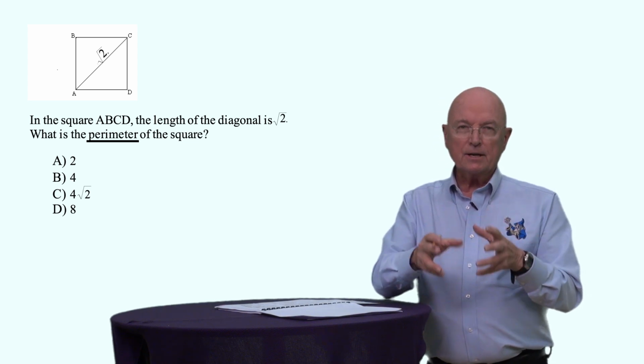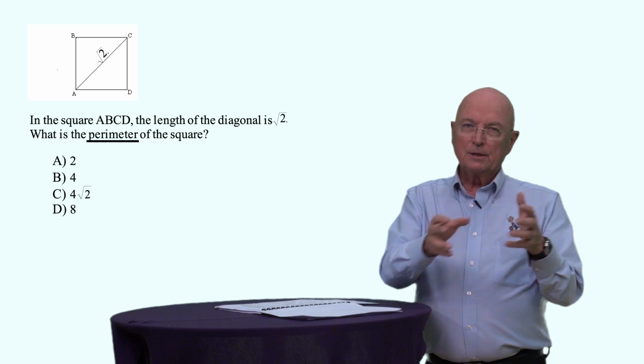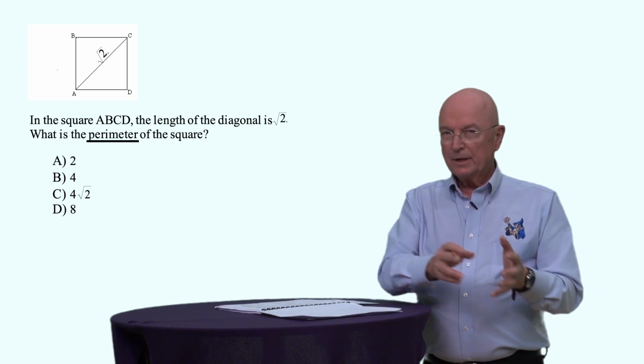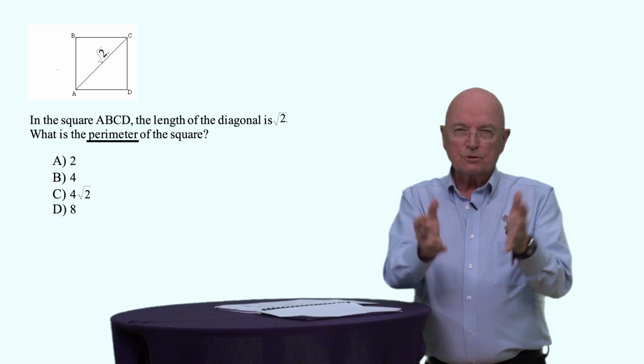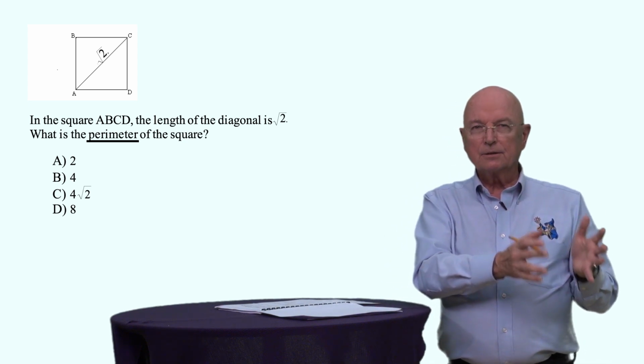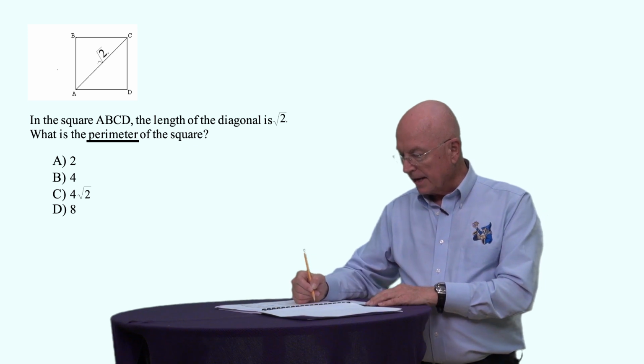So I know the answer has to be 4 times something less than the square root of 2. It's about 2/3 of the square root of 2, but we'll just understand it's less than the square root of 2. So let's look at the answers.